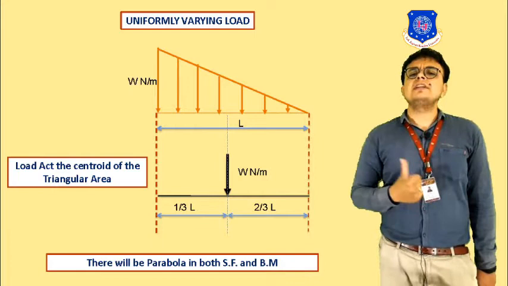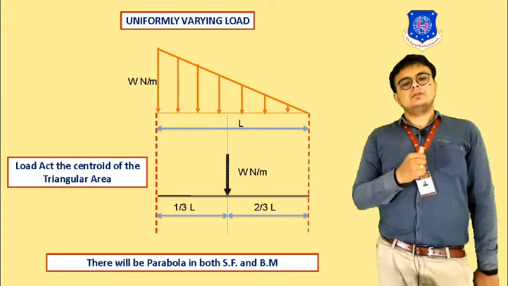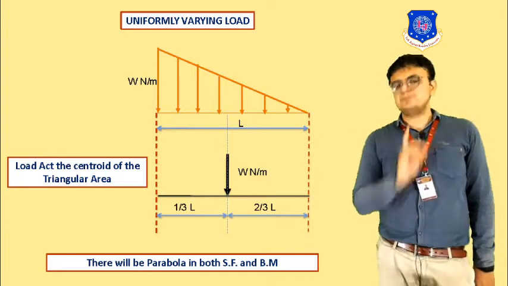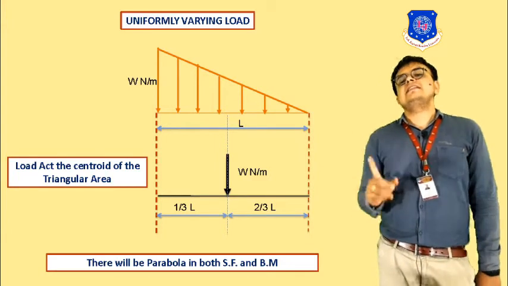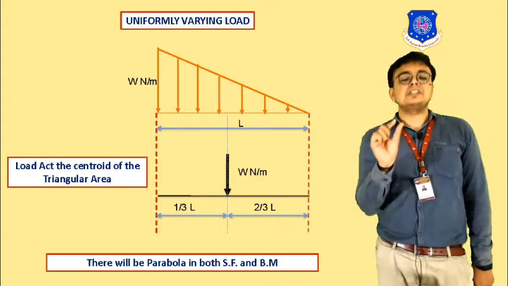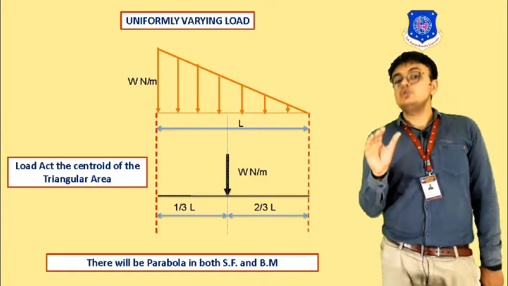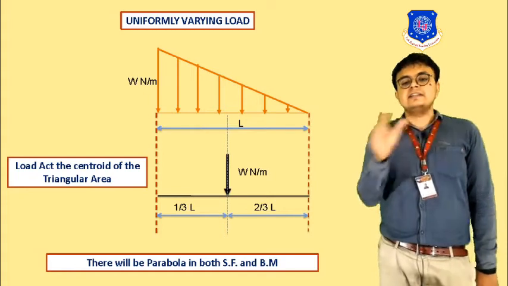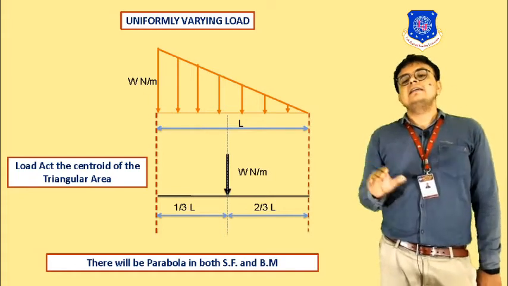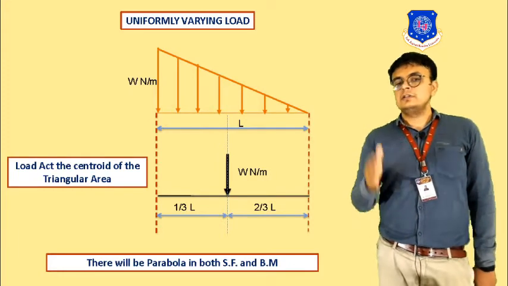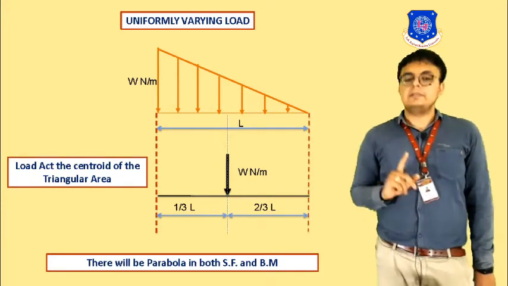Uniformly varying load means it is along the whole span, but its intensity at each section of the span will be different, and the difference will be uniformly varying. You can see that there is a triangle-like structure. This is how the loading will be varying uniformly along the span.